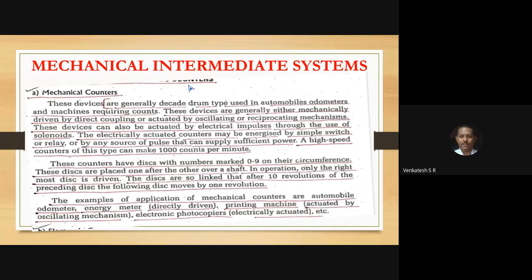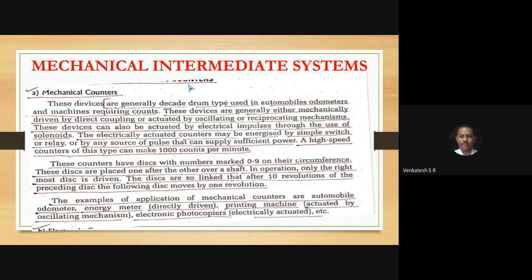All of you have seen the receipt book used for giving receipts. In that, you have the numbers in ascending order: 1, 2, 3, 4, 5, 6, 7, 8, 9, 10, like that.